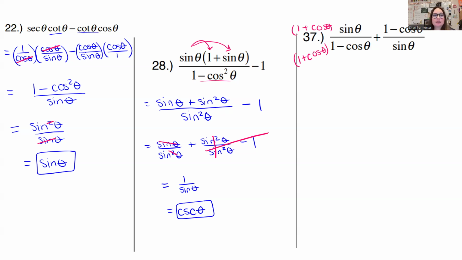When I do that, I'm going to have some distributing. So I can distribute the sine in for my numerator. So my numerator ends up being sine plus sine cosine.